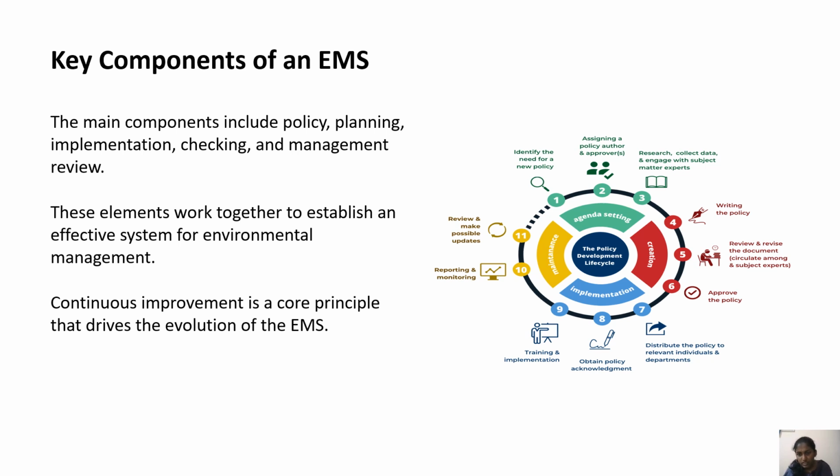The policy development life cycle begins with agenda setting. In agenda setting, we identify the need for a new policy, then assign a policy author and approver, and third is research, collect data and engage with subject matter experts. Next is creation, writing the policy, reviewing and revising the document, and subject experts approve the policy.